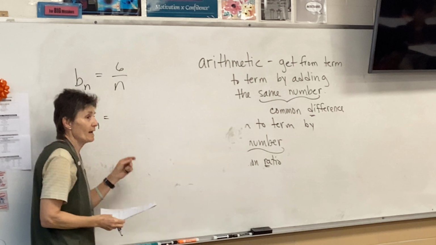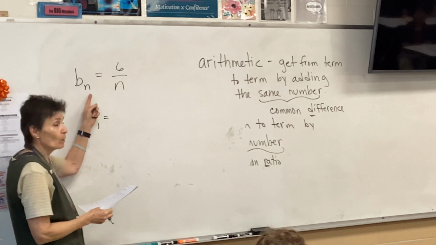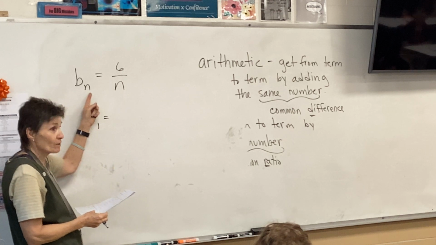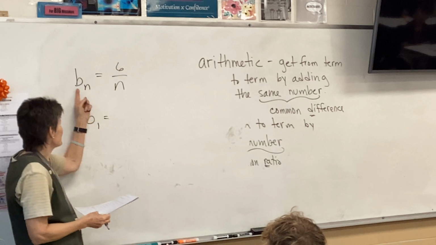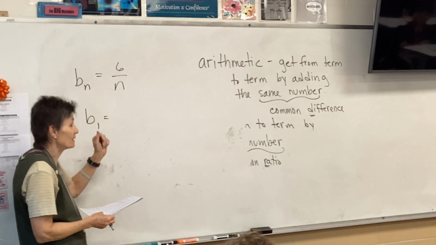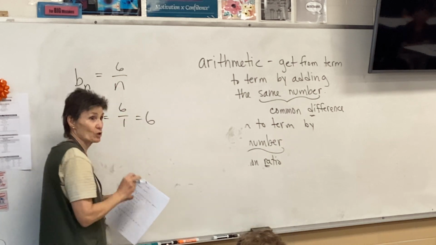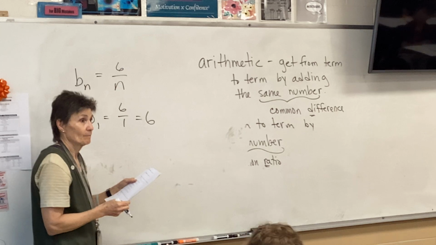When it says find B sub 1, you're just putting a 1 in for the n, B sub n. If you put a 1 in for the n, what is that going to end up equaling? 6 over 1, which is just 6.